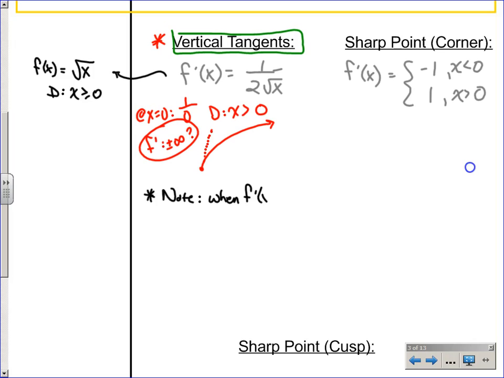When f prime of x equals a number over 0, to have a VTL, can I call it a VTL? Not the vertical line test, but the vertical tangent line. Is that okay?